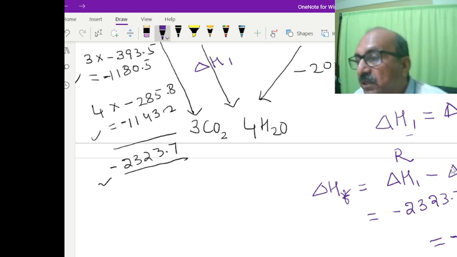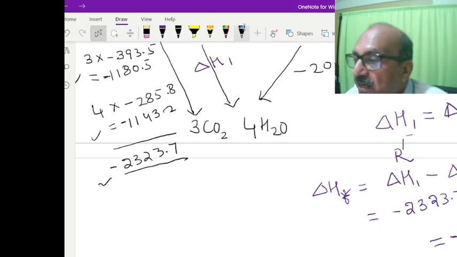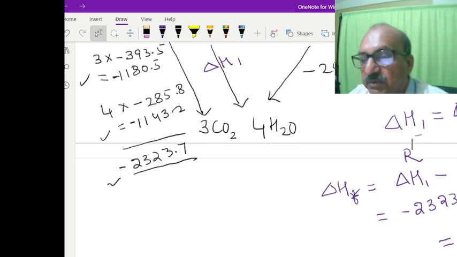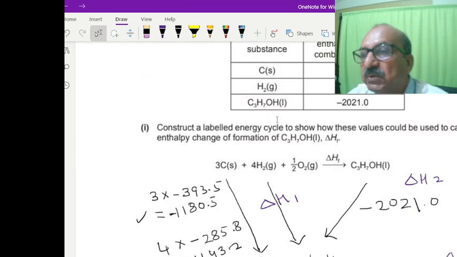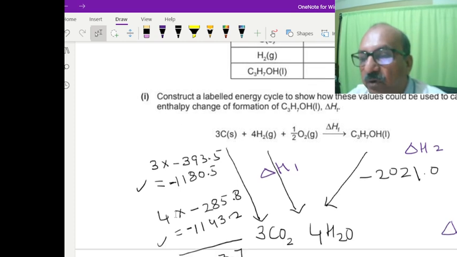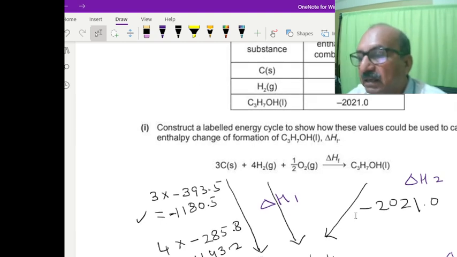So the very important thing to understand is that when enthalpy of combustion is given, it is the reactants minus products, and when an enthalpy change of formation is given, then it is products minus the reactants. So this is the key point that you must understand, otherwise you will go wrong. After that it becomes easy. 3 carbon means you multiply this value by 3, 4H2 means you multiply this value by 4, add these two, and this value is already given, and then simply you use the formula.